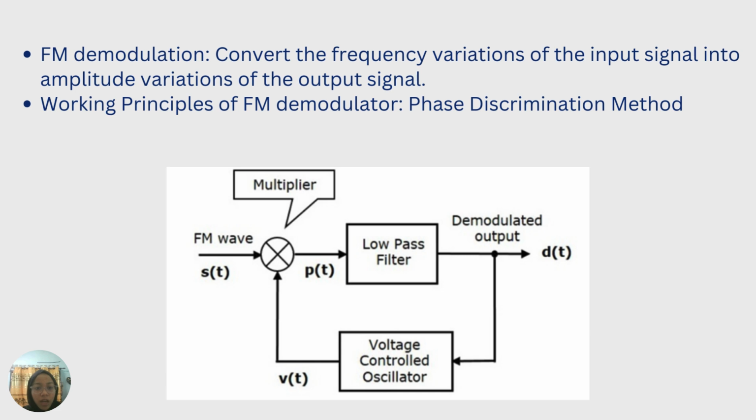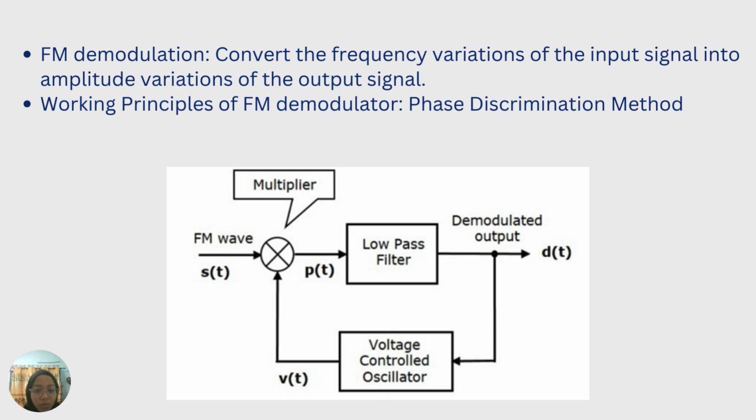Next, for the FM demodulator, we will use the phase discrimination method. The diagram given contains the multiplier, the low pass filter and the voltage controlled oscillator, VCO.